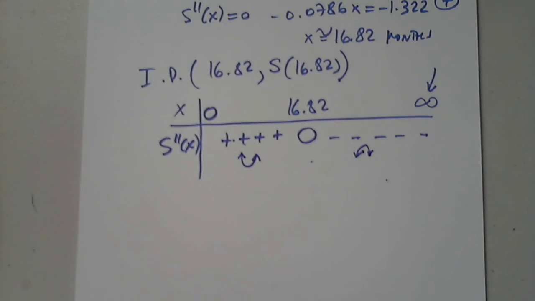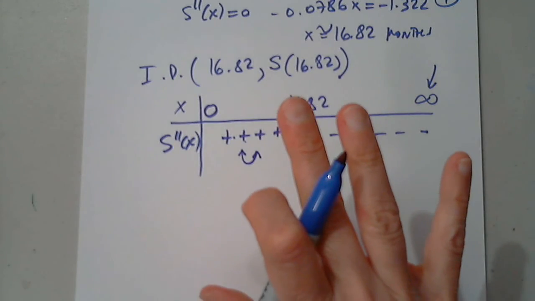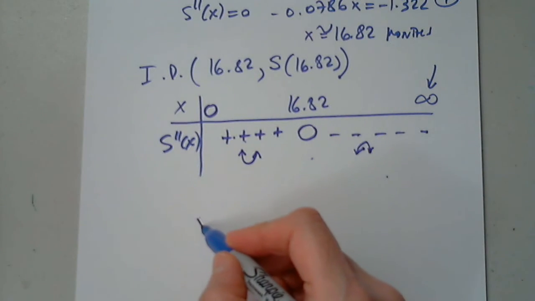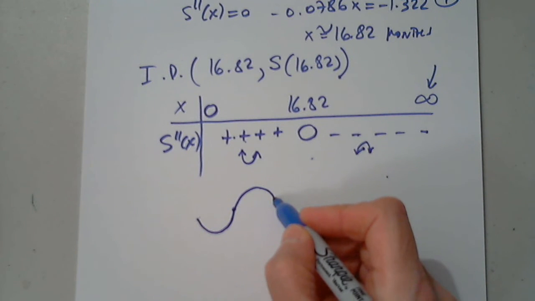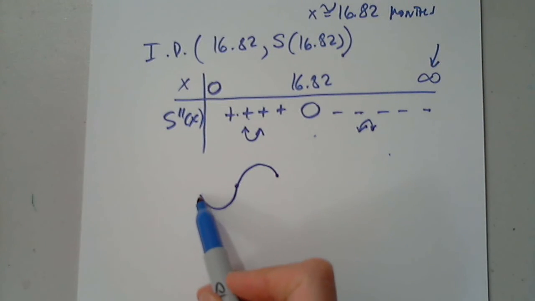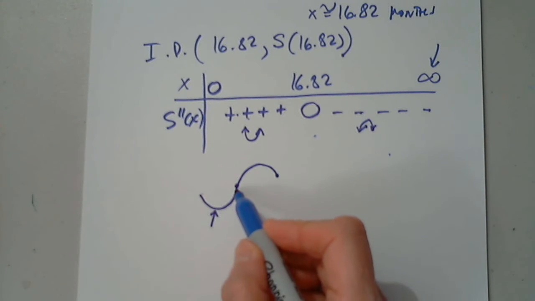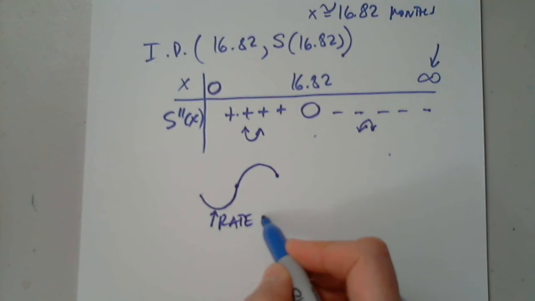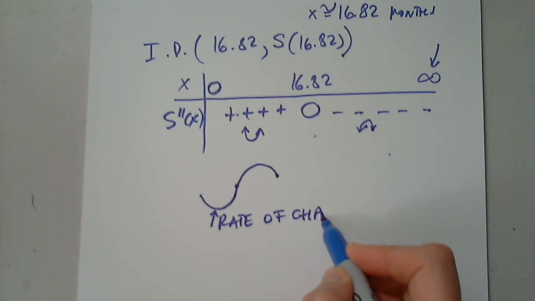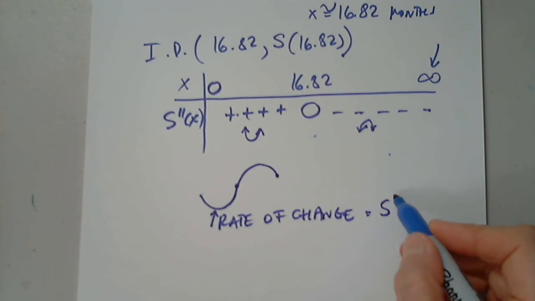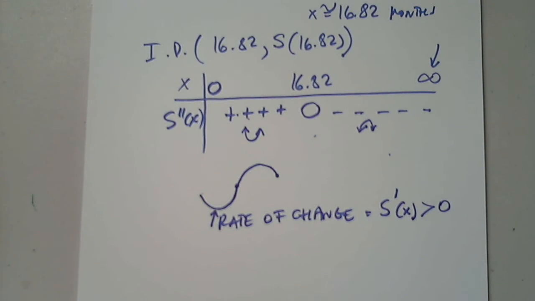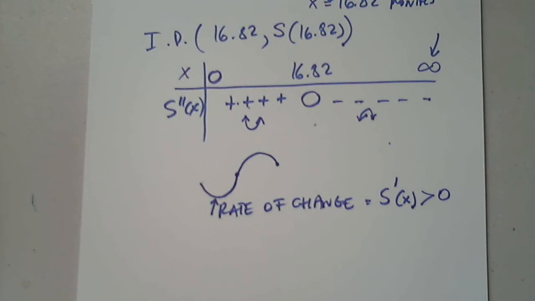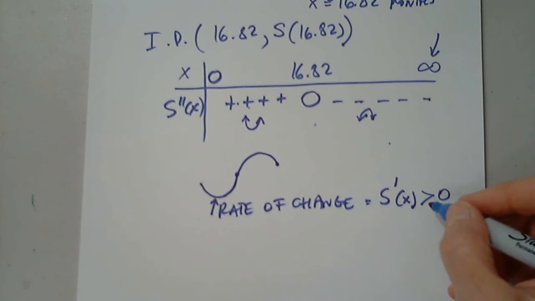So what does this mean? I'm not graphing the function. It means something like this, and then something like this, which means when the function is opening up here, everywhere, the rate of change, which is S prime of x, is increasing. I'm sorry, I didn't mean to write this, it's increasing.